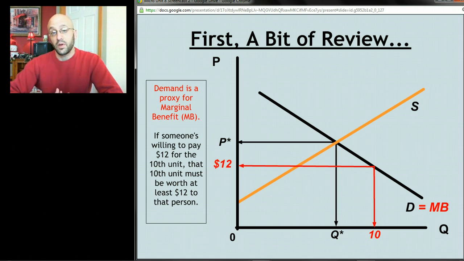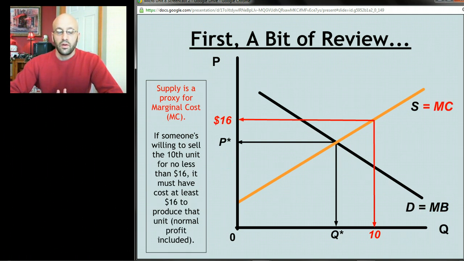That's the benefit they expect to receive from that good for that 10th unit. And that's why they're willing to pay $12 to get it. So every time you see a demand curve in these next couple of screencasts, I want you to think benefit, the utility that the consumer expects to receive from the good or service.